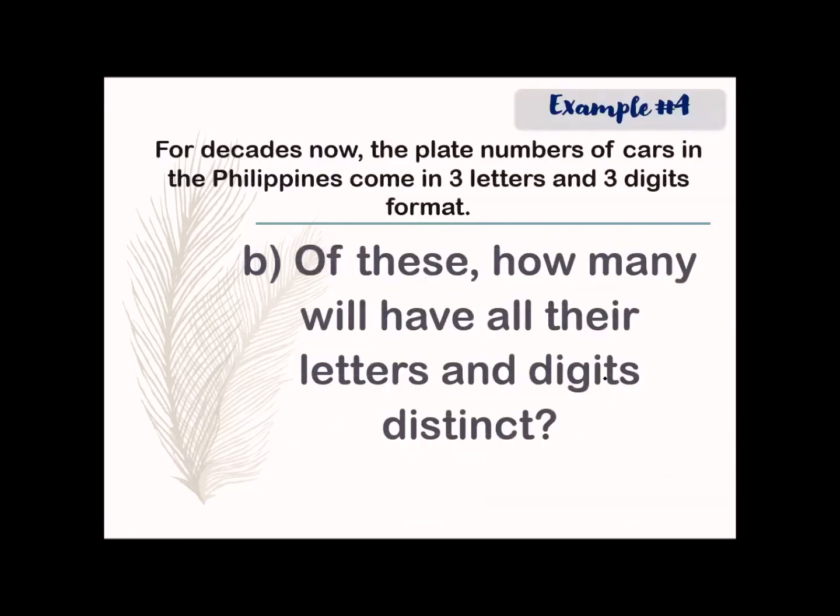So, how about for this kind of situation? So, for letter B, same scenario pa rin. We're talking about plate numbers of cars in the Philippines, common 3 letters and 3 digits format. But how about kung distinct? Pag sinabi nating distinct ay hindi pwedeng maulit yung numbers at saka yung letters. So, repetition is not allowed.